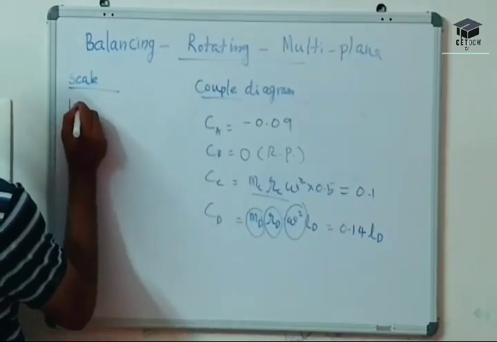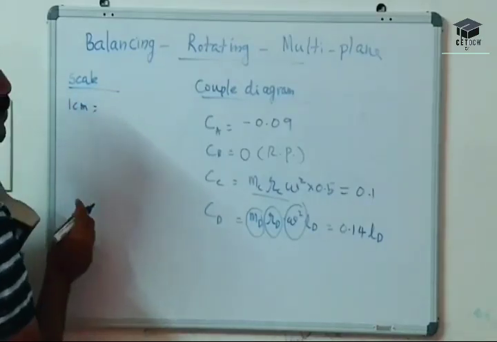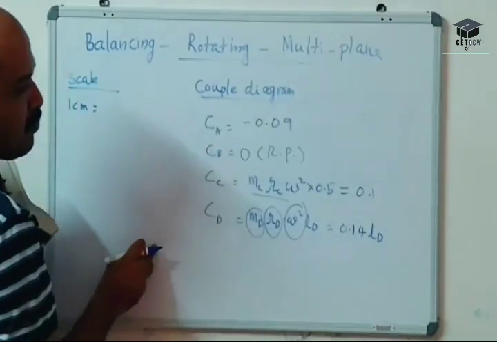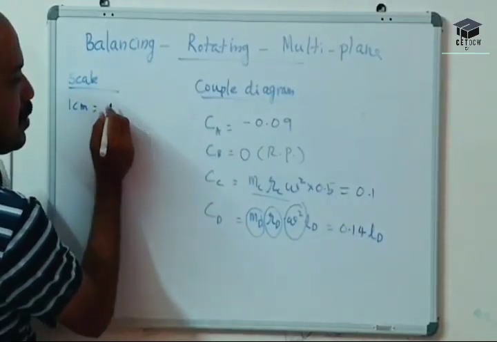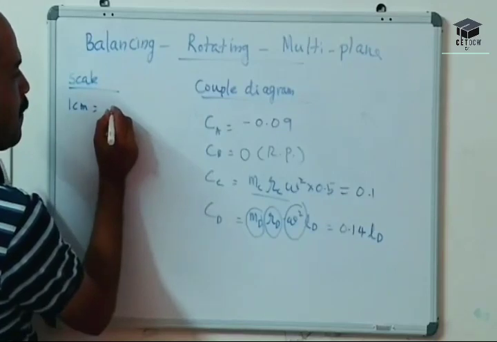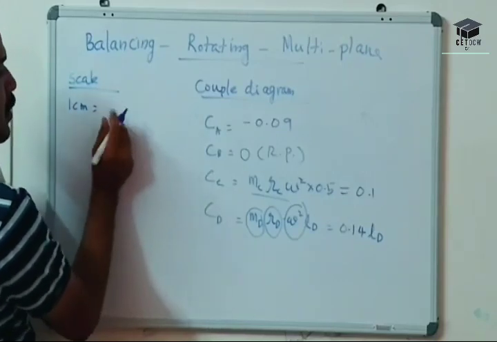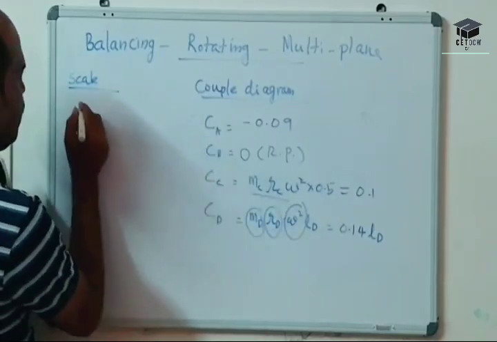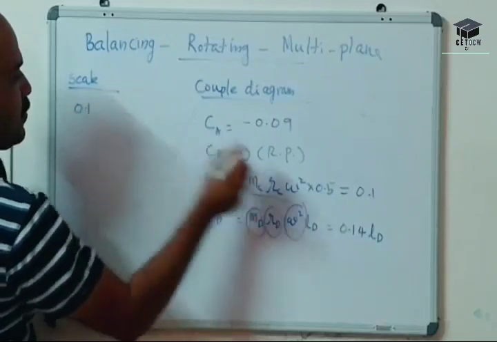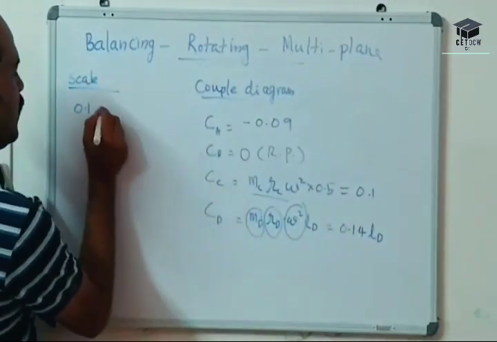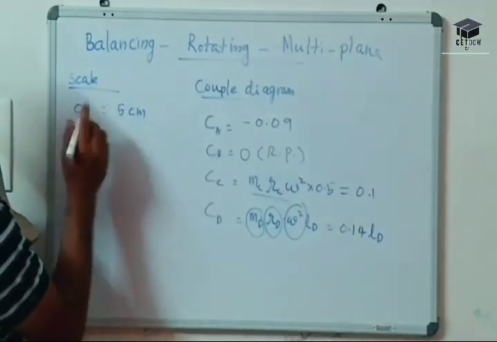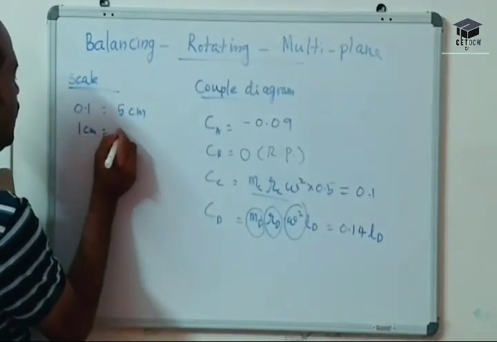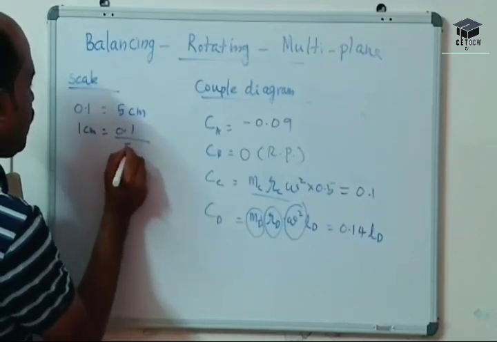So I may take 0.1 equal to 5 centimeter, or 1 centimeter is equal to 0.1 by 5.